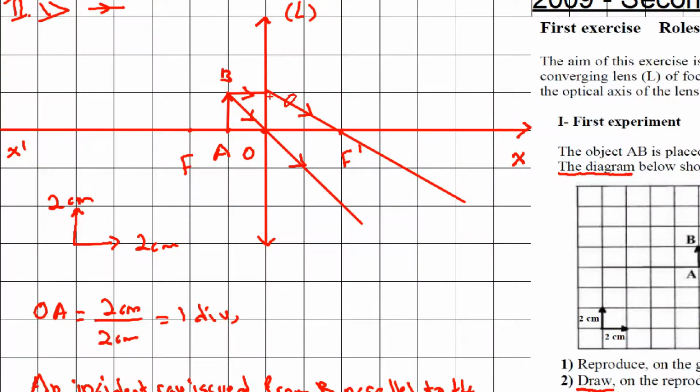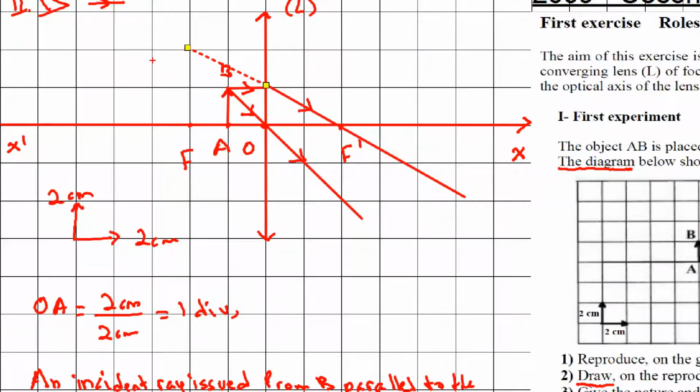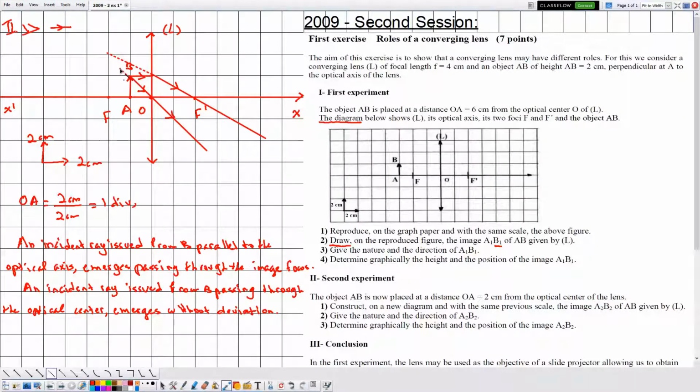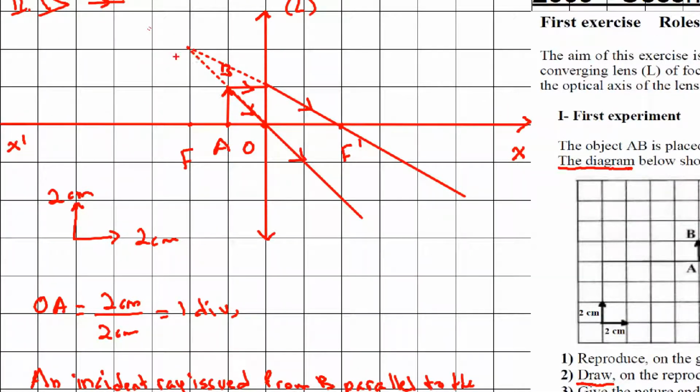This is the first emergent ray, so this is the prolongation. And this is the second emergent ray, so this is the prolongation of the second emergent ray. And the intersection of the prolongations is the image of the object.